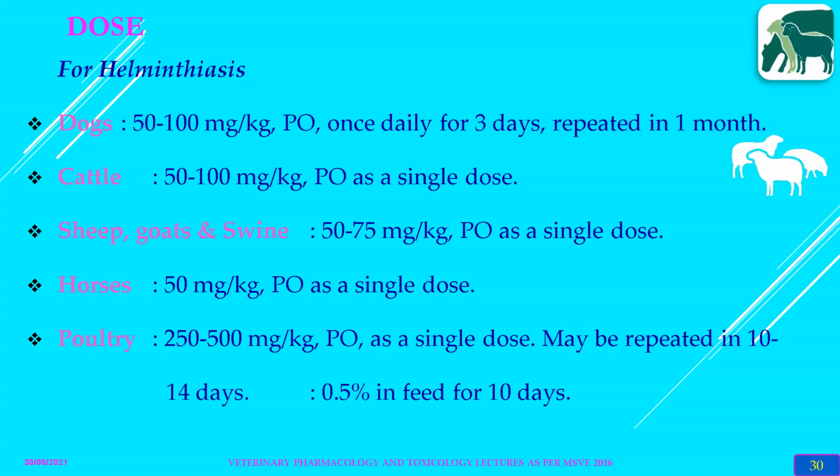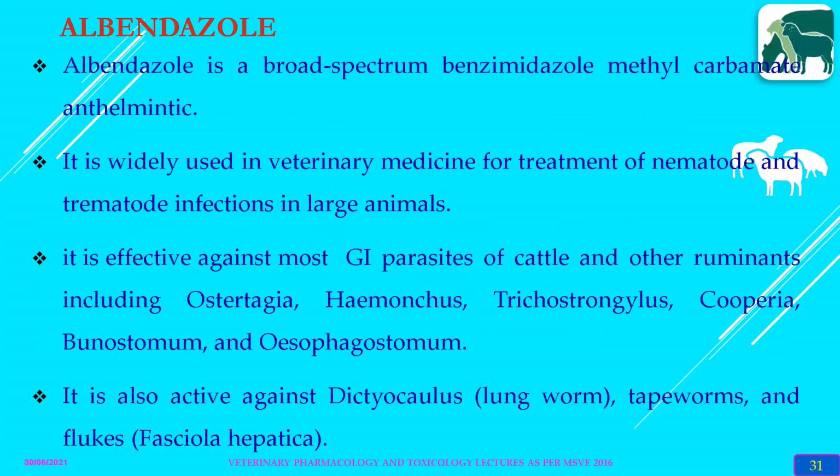Then albendazole is another agent, a benzimidazole. It is also a methyl carbamate. It is widely used in veterinary medicine for the treatment of nematode and trematode infections, both anti-nematodal and also a weak anti-trematodal.